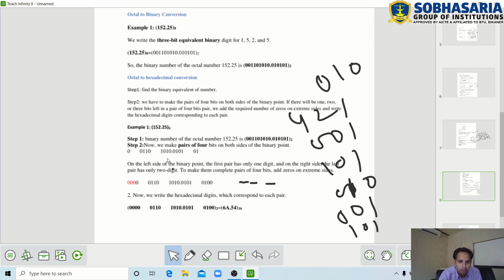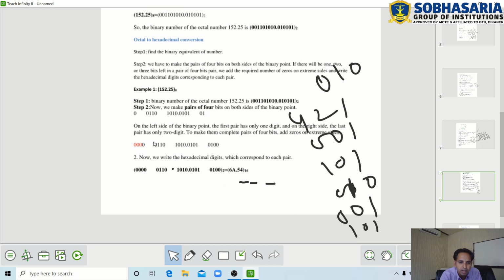Now we make the pair of 4 bits. After this calculation we make the 4-bit groups and we get that there are 3 bits left here and 2 bits left here. So we add the extra bits, and the corresponding value will be 0000, 0110, and this will be same.